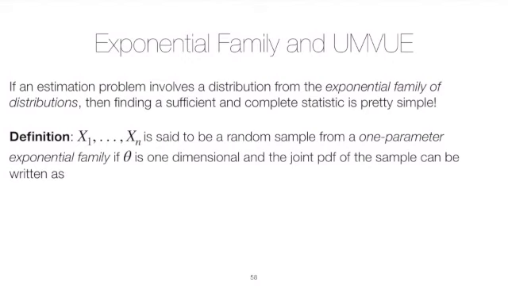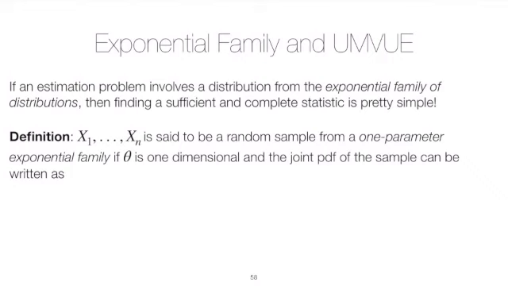And so the next two slides, and this video in general, is meant to define the exponential family and show that, well, at least we'll claim that many of the distributions we work with are part of the exponential family, and therefore there's an easy way to get a sufficient and complete statistic, and thus an easy way to get the uniformly minimum variance unbiased estimator.